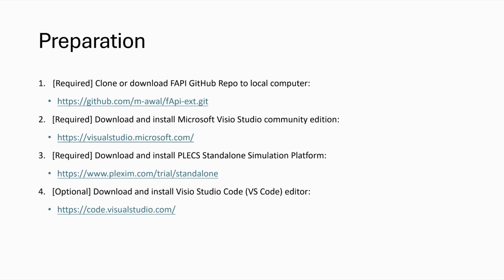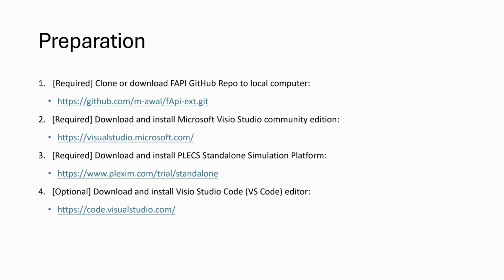Next, we can talk about preparation and what the user needs on their computer or laptop in order to use the FAPI framework. In the workflow of the proposed FAPI framework, the first step is for an external application developer to get access to the GitHub repository or the FAPI package in a zip file form.